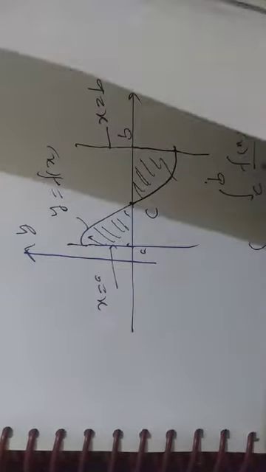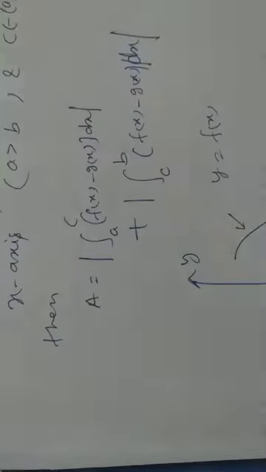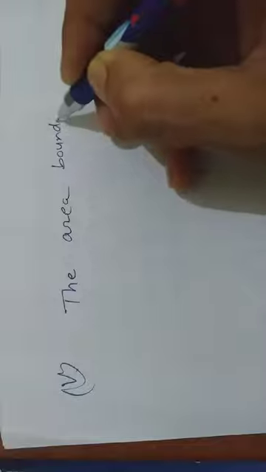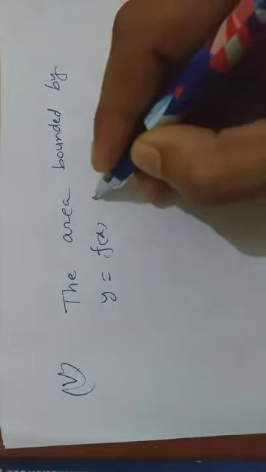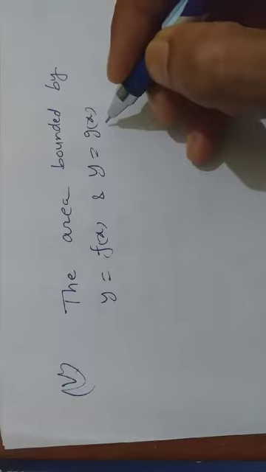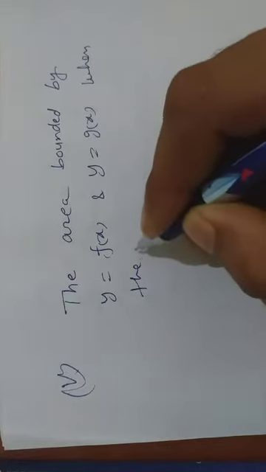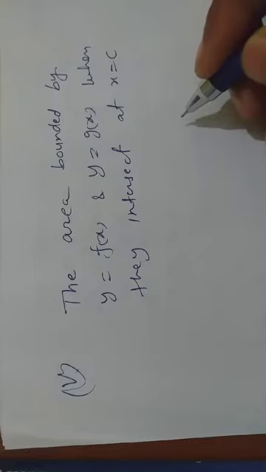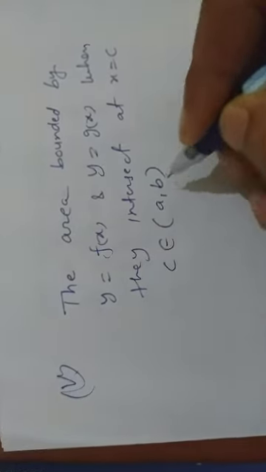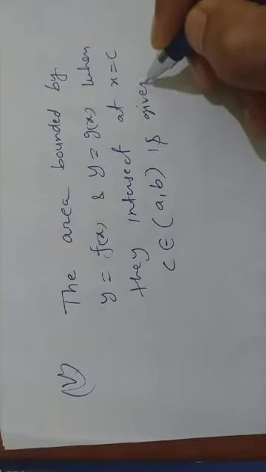Now consider case 5, or situation 5. In this situation, the area bounded by y equal to f(x) and y equal to g(x), when they intersect at x equal to c, where c belongs to open interval a to b, is given by.